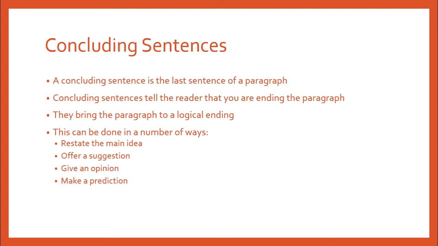Now, concluding sentences are going to be the last sentence of the paragraph. And part of the function of a concluding sentence is to let the reader know that you are going to end the paragraph.